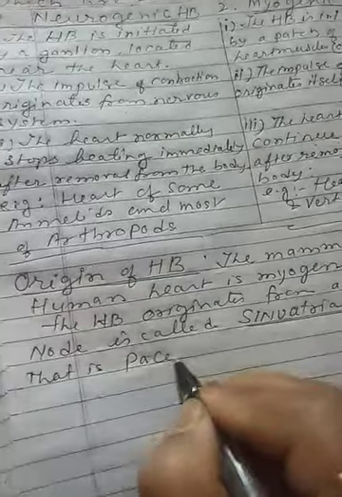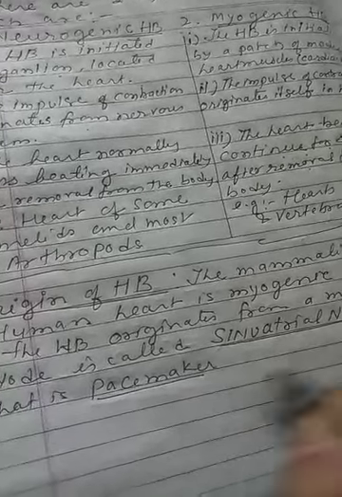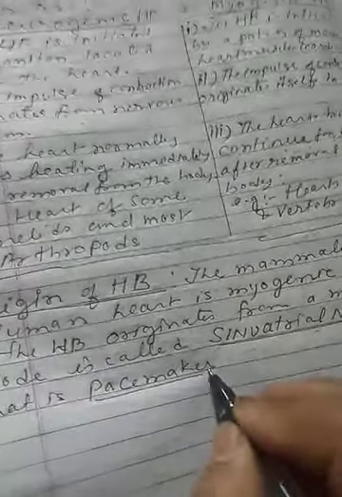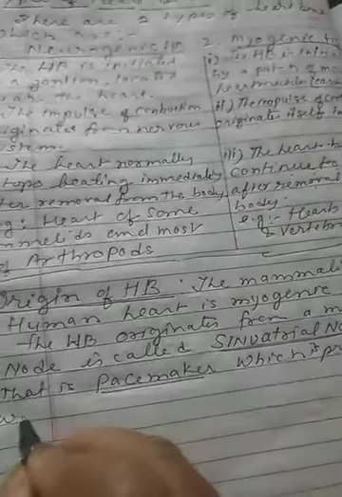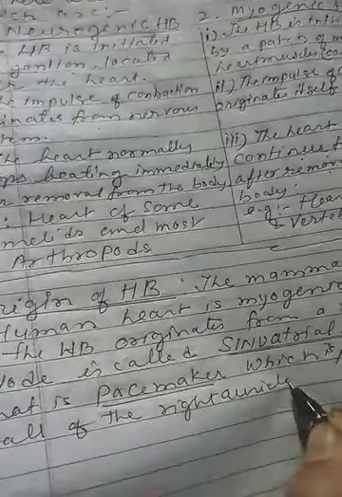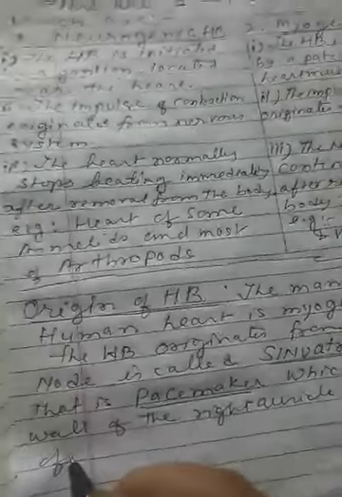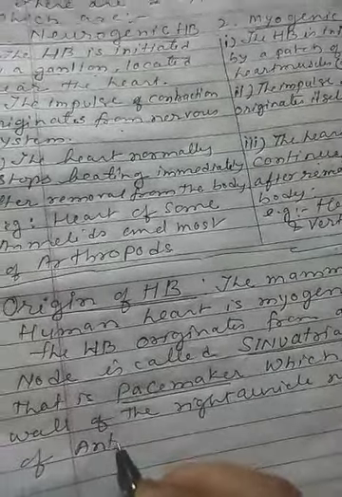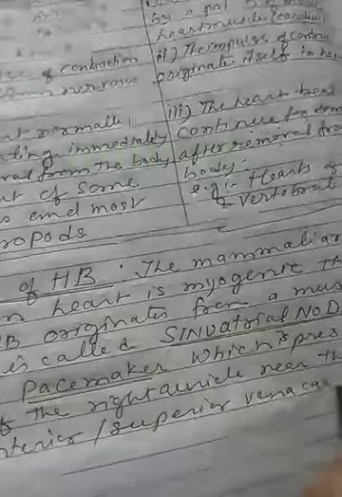That is the pacemaker. SA node or sinoatrial node is the pacemaker, which is present on the wall of the right auricle near the opening of the anterior or superior vena cava.